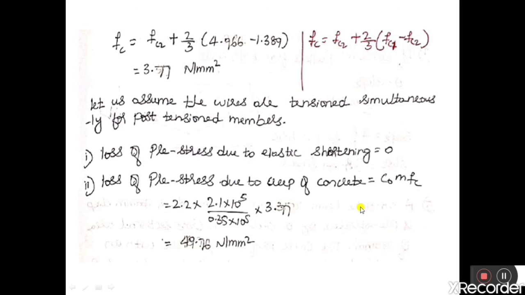Here the creep coefficient is given, not the ultimate creep strain, hence we use this formula: creep coefficient 2.2 into modular ratio Es by Ec, Young's modulus of steel by Young's modulus of concrete, which is given in the question, into Fc, the resultant compressive stress we calculated here. Substituting the values, the loss of prestress due to creep of concrete is 49.76 Newton per mm square.